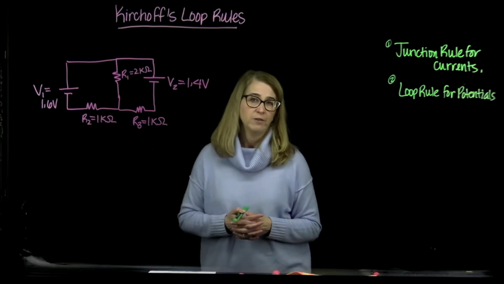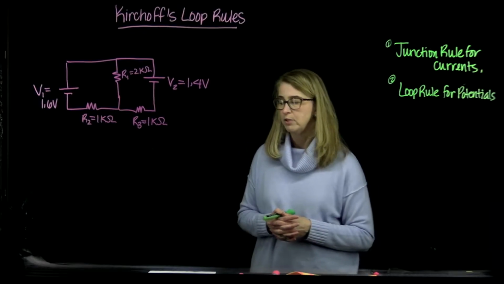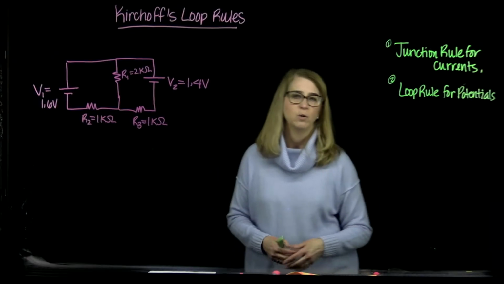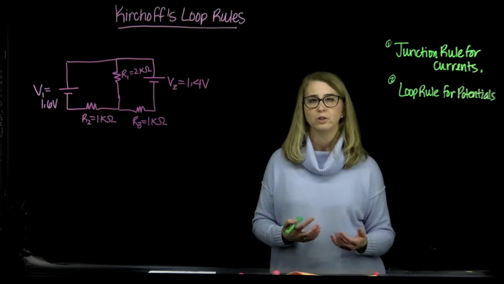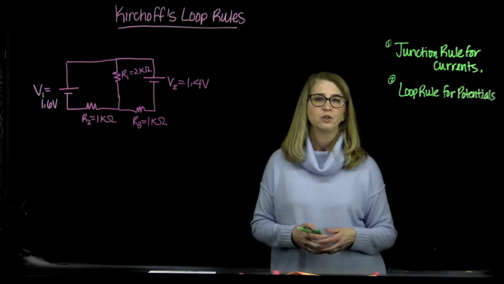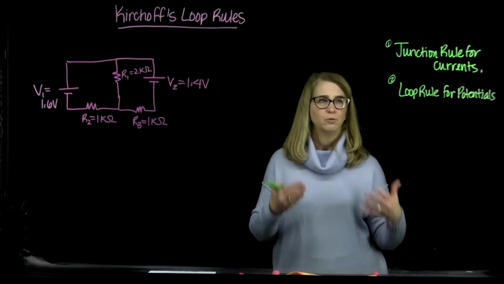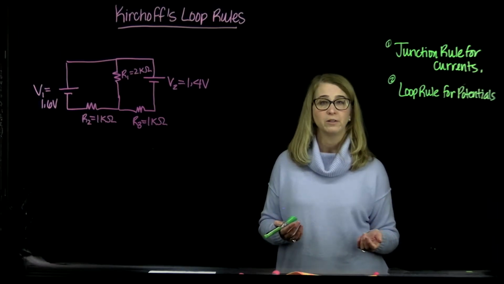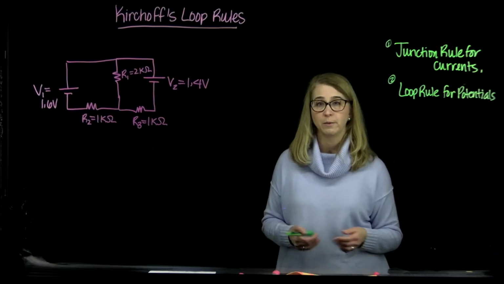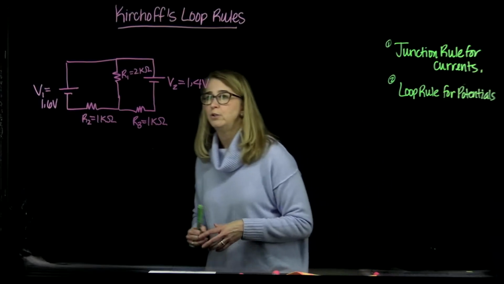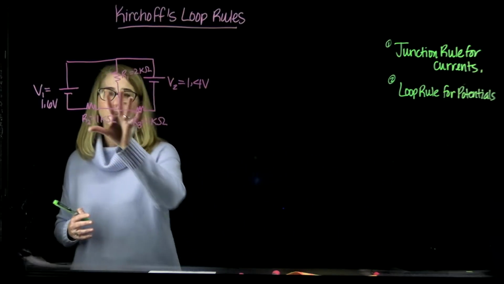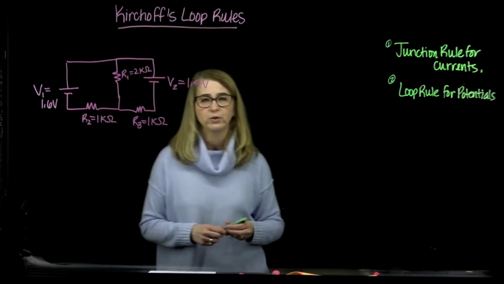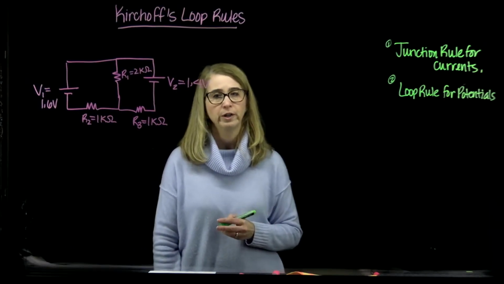Now, what I want to emphasize when we do these problems is you don't really have to agonize about what's a good loop to choose and what's a good way to draw your current. Just draw them, write the equations, and then do the algebra. Really, the hardest part about these problems is doing the algebra. So you do need to be able to determine which branches there's going to be different amounts of current.